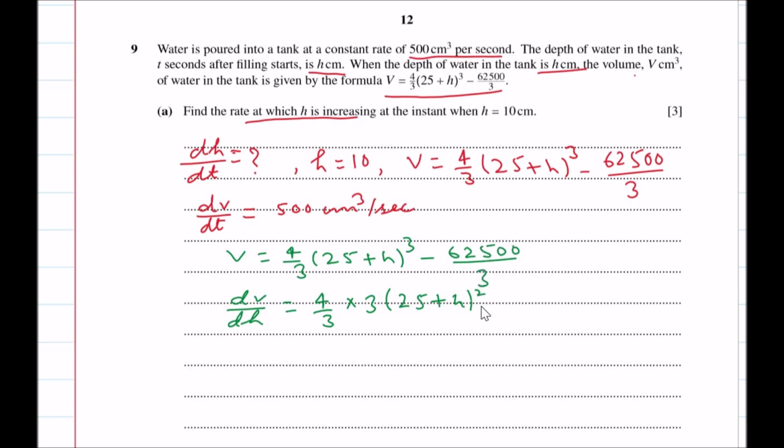Minus this constant, the constant becomes 0, right? So this 3 cancelled out. So dv by dh is equal to 4 times (25 plus h) whole square. Okay, so we got dv by dh.